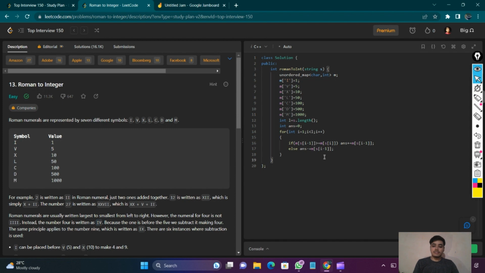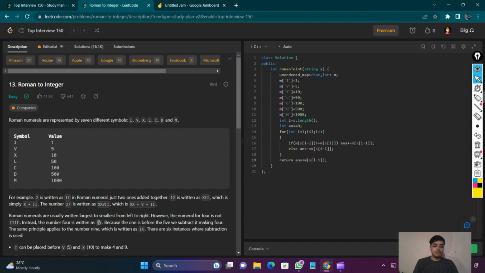Now the last index is left, so let's handle that. We are simply going to return ans, and we are going to add the value of m of s of l minus 1. And why are we adding it in both conditions? Because here you can see that we have to add all of this, so it doesn't matter to us. Let's assume this is the last condition and the previous condition is anything.